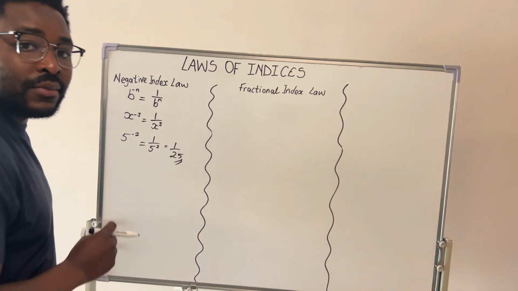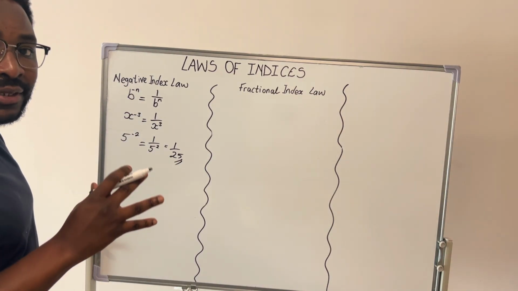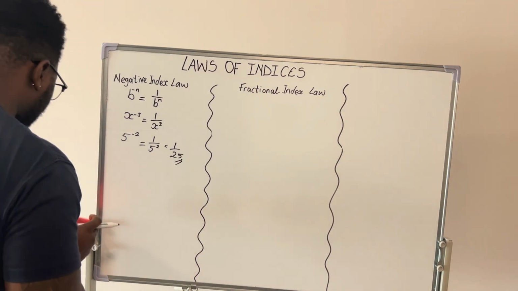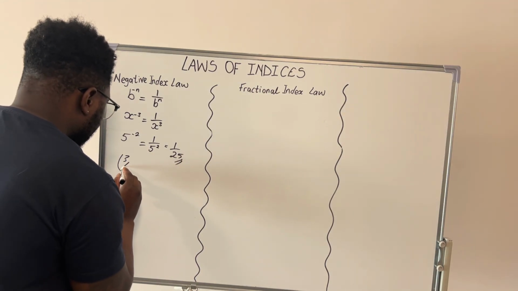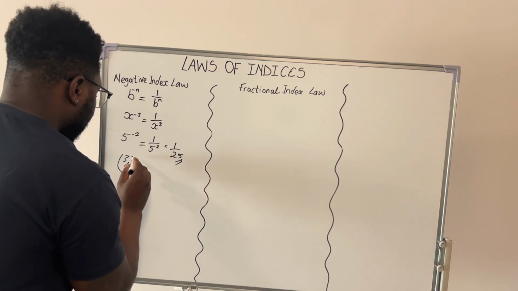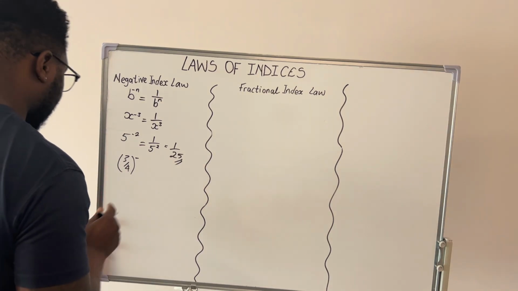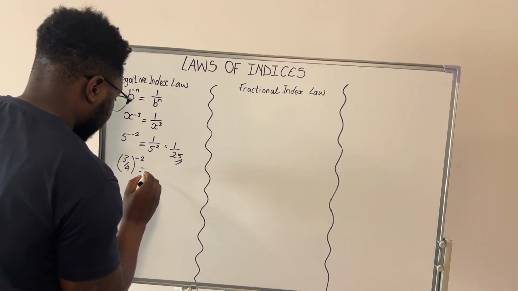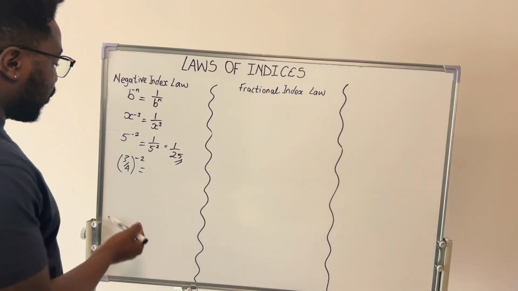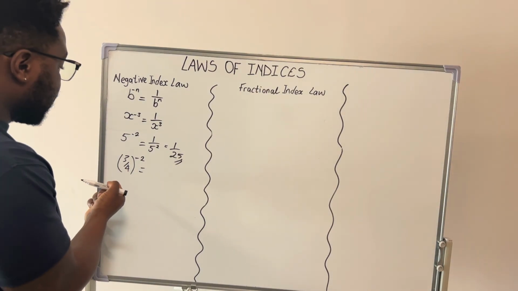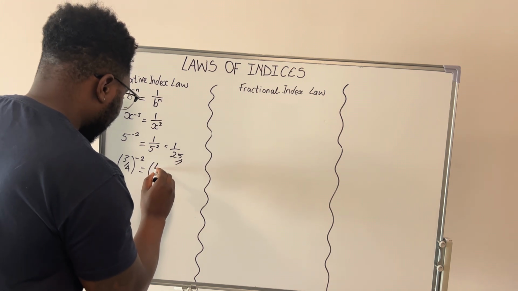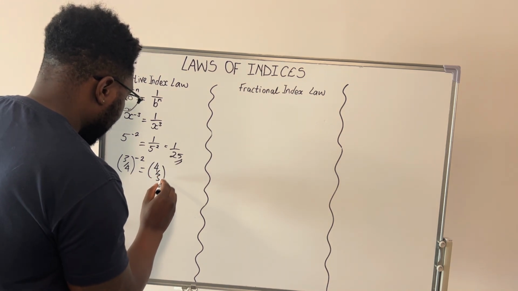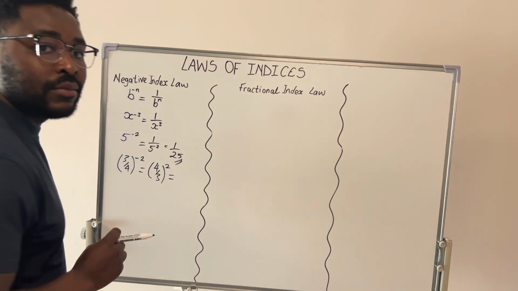Let's look at a different example. Let's say we have 3 over 4 raised to the power negative 2. We have to take the reciprocal here, and the reciprocal will be 4 over 3 raised to the power 2.